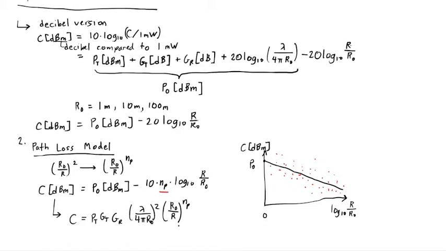I will also say that the other way that we account for losses in our model is that in the dB version, we subtract some other losses. And in the linear version, we divide by the loss. If I have a loss of 3 dB because of rain, for example, I would convert 3 dB to linear terms. 3 dB is a factor of 2.